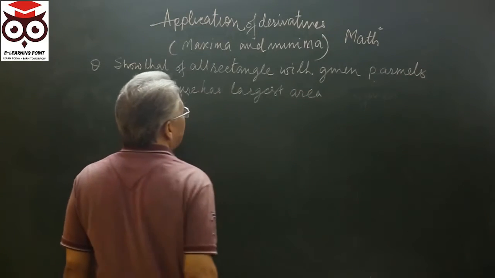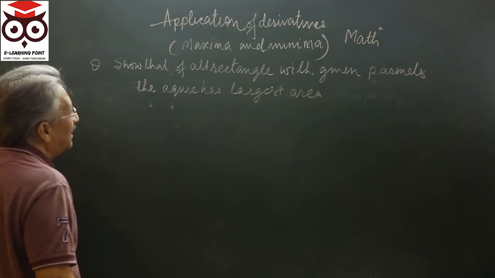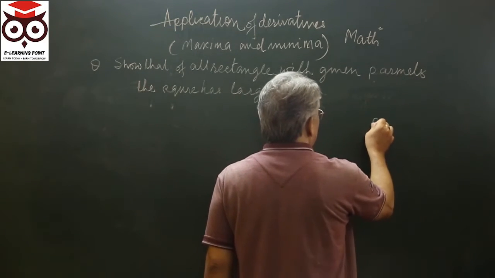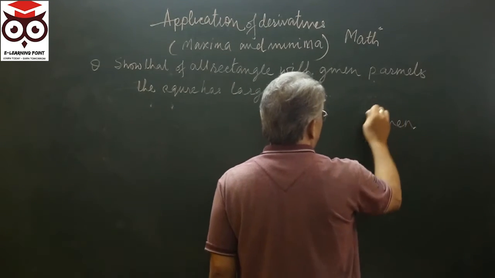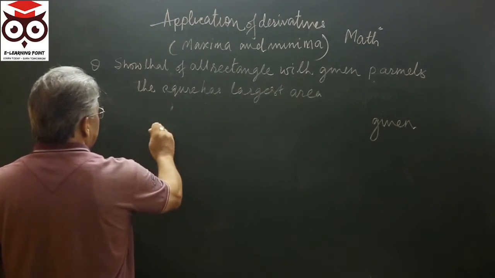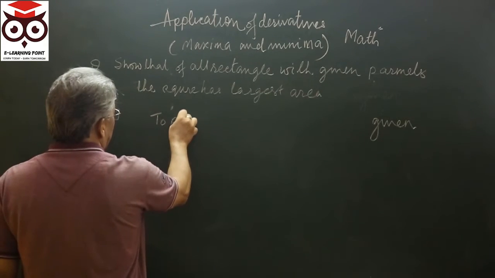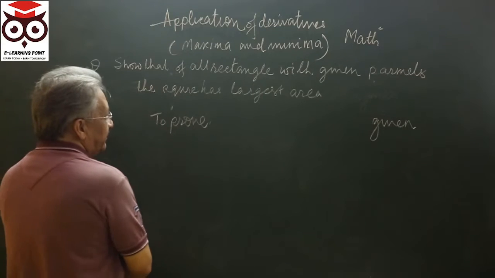It means it is a question related to the लोकल मैक्सिमा एंड मिनिमा। मैंने आपको बताया था इसमें दो वर्ड आप पहले ही लिख लीजिएगा क्वेश्चन पढ़ने से पहले ही। एक तरफ आप लिख लीजिएगा गिवन और दूसरी तरफ लिख लीजिएगा टू प्रूव, राइट?